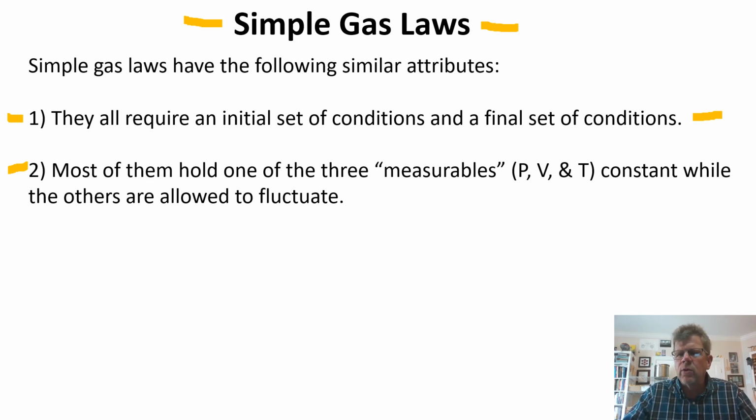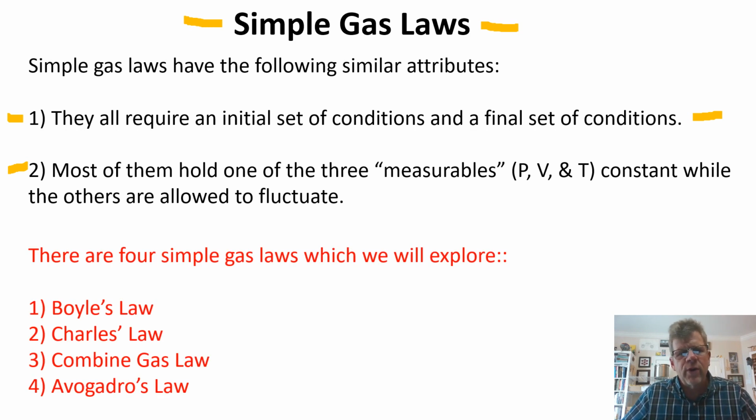Ultimately, these attributes, we will find, can be drawbacks, because it limits our ability to look at one of these changes going from an initial to a final set of conditions, to really look at the gas sample as a whole. So there are 4 simple gas laws that we'll be taking a look at, all of which have these 2 types of attributes. The first one is known as Boyle's law, then Charles' law, the combined gas law, and Avogadro's law.